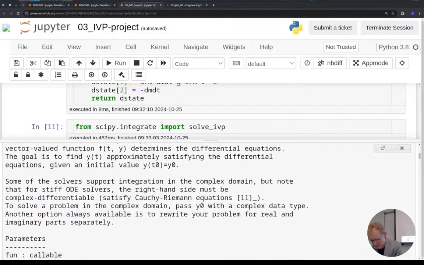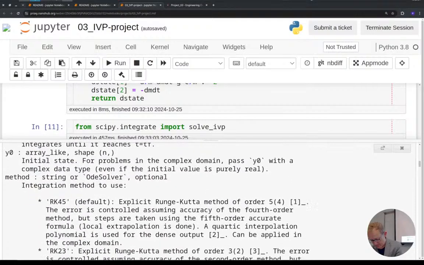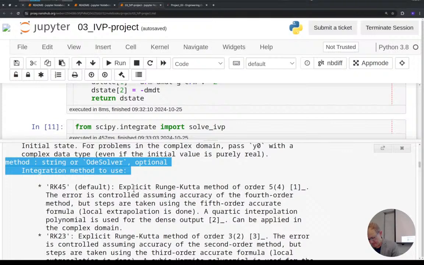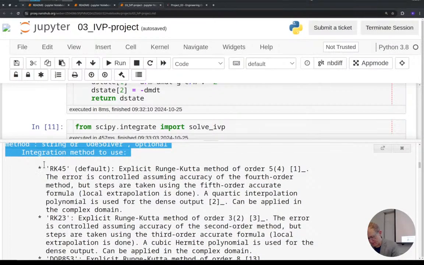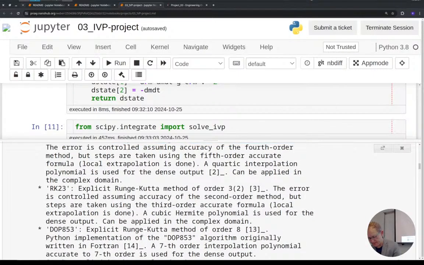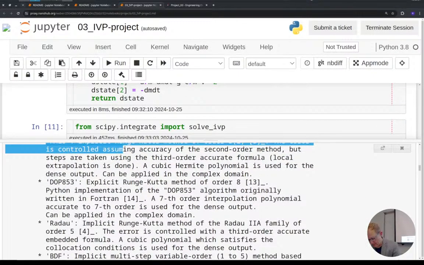And we can even scroll down to this method description and see that by default we get a 4-5 Runge-Kutta explicit. There's a 2-3 method, another Runge-Kutta order 8, so that one's using 7th order, probably 7 data points along the way.